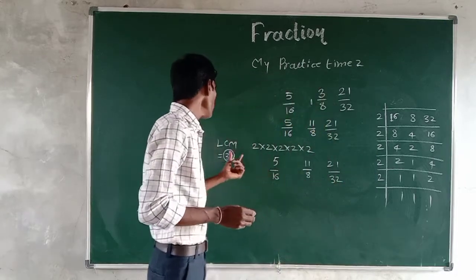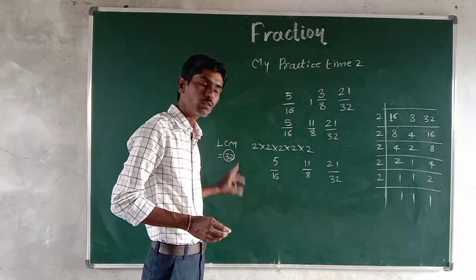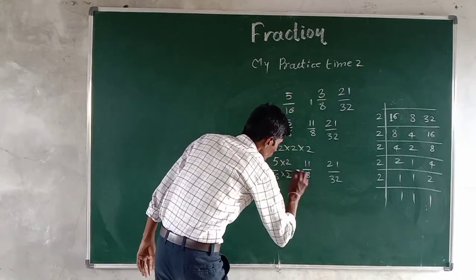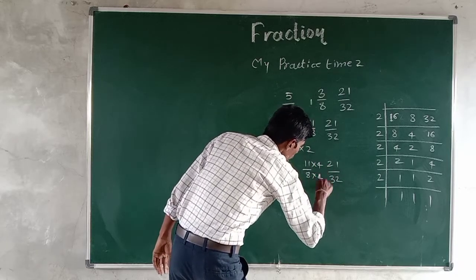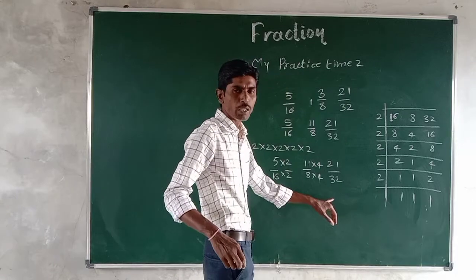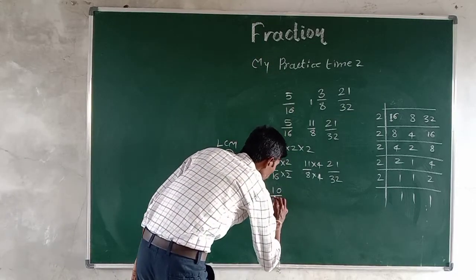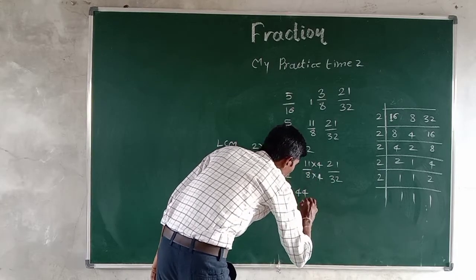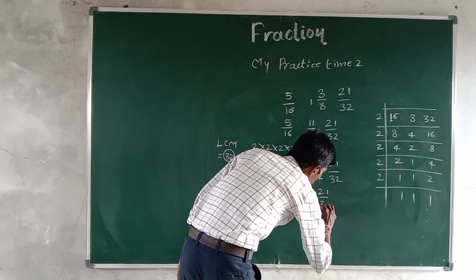So 5 upon 16, then 11 upon 8 and 21 upon 32. And we have to make the denominator 32. So multiply by 2, by 4, and there is no requirement to multiply the third. So 5 twos are 10 upon 32, then 44 upon 32 and 21 upon 32.